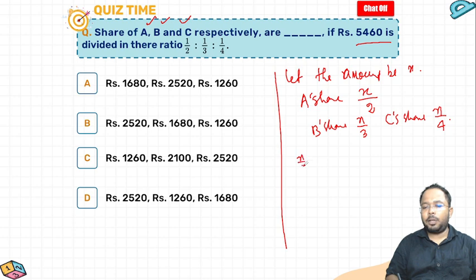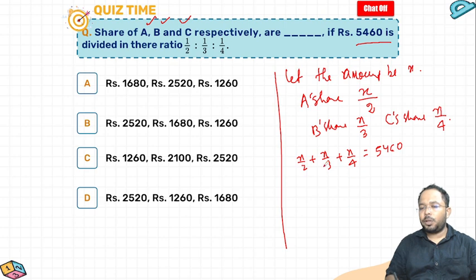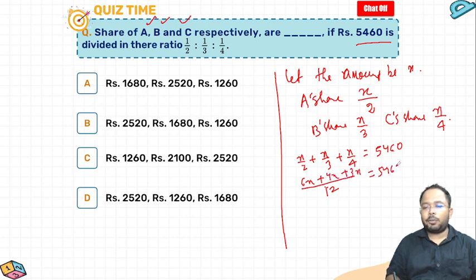Now x by 2 plus x by 3 plus x by 4. If we are adding each of the shares, we should get this amount. So taking the LCM of 2, 3, 4 as 12, 6x plus 4x plus 3x equals 5460.